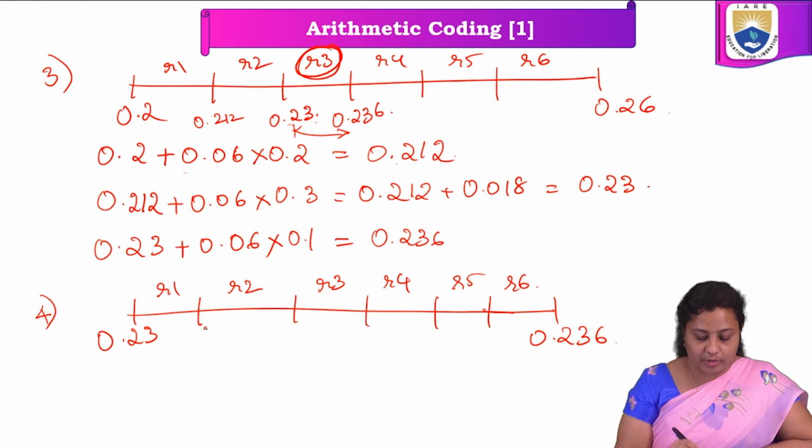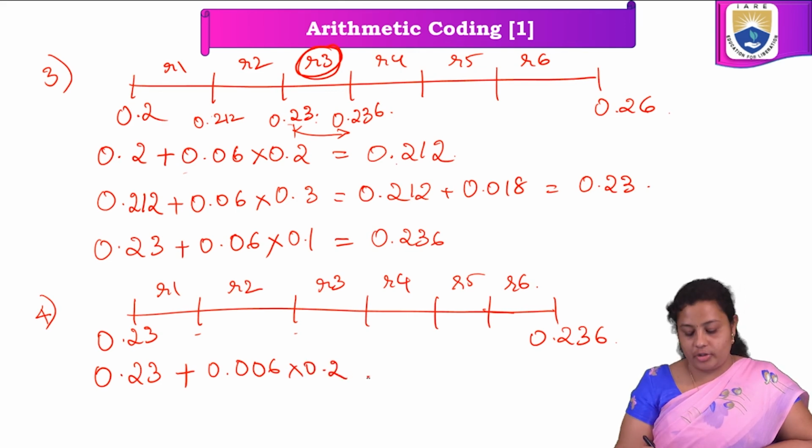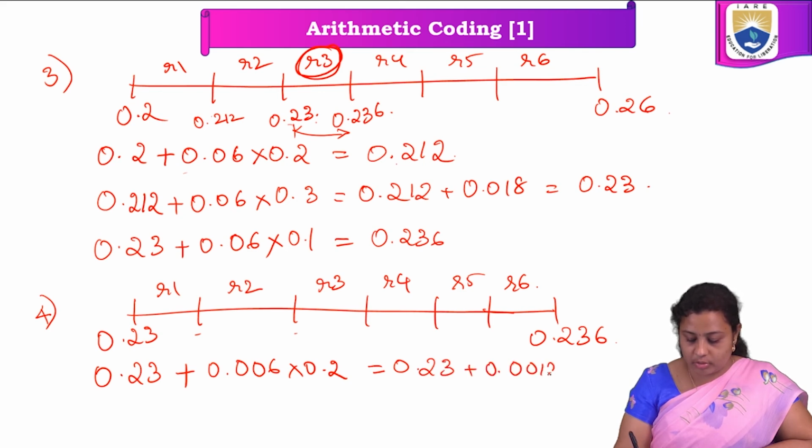If I have to calculate these values, what do I get? 0.23. Now my new range length is 0.006 into 0.2, the probability of R1. So that value is 0.23 plus 0.0012, which is equal to 0.2312.